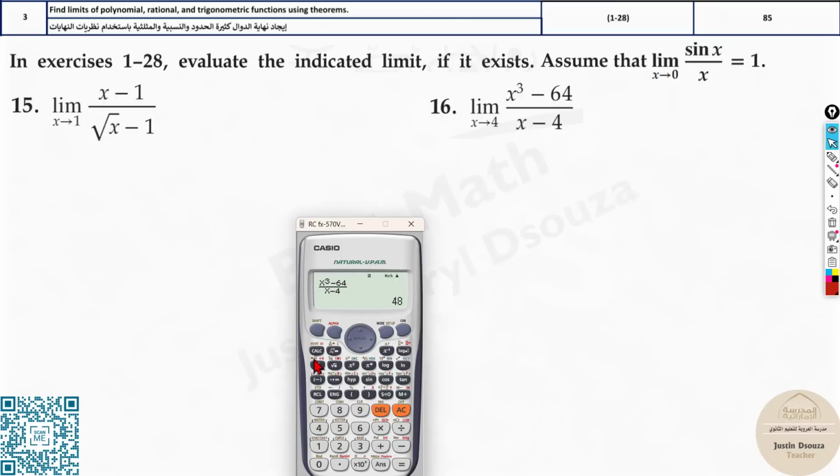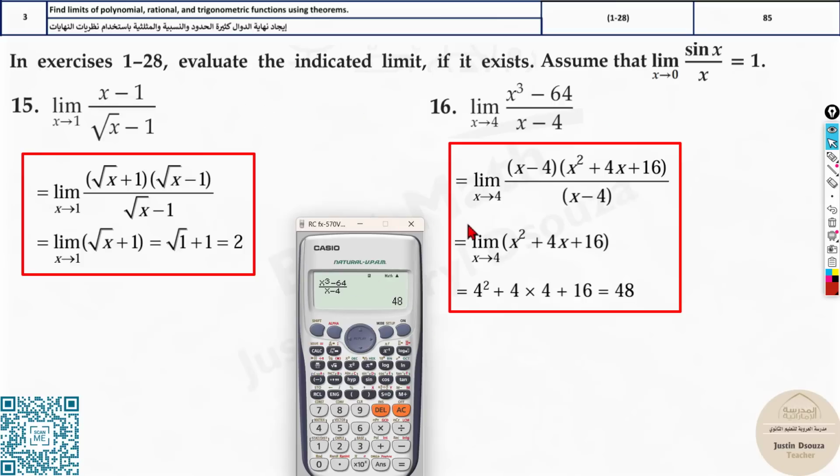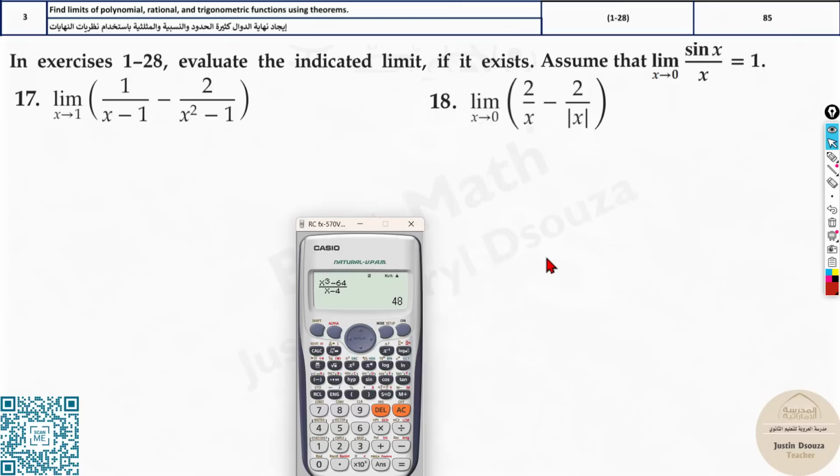We get 48, and also calculate it at 4.0001, and you can see the value is 48 itself. If you take more approximation, 4.000 and a lot of these, we get 48. It's okay for rationals, but if it's a natural logarithm, don't take a high approximation, you might get an error. We will see such problems as well.